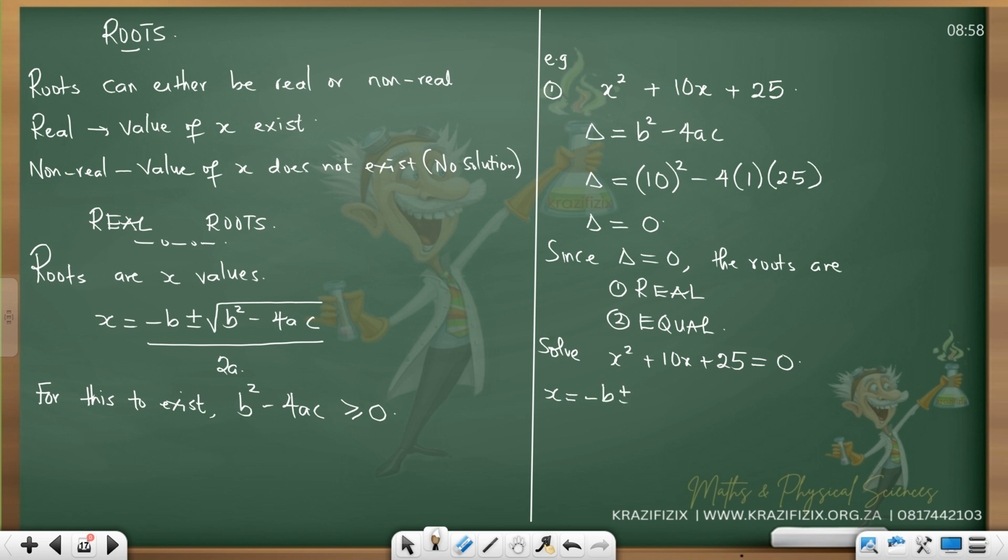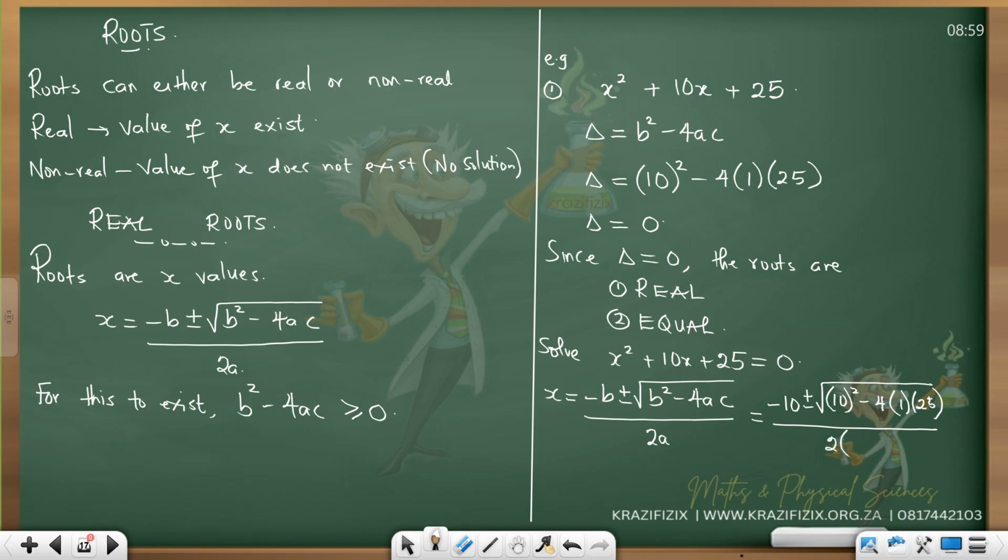Minus b plus or minus square root of b squared minus 4ac over 2a. Because of space, I want to put everything here. Guys, we know all of this, right? This we did long ago, lesson 2 or so. We're just substituting, over 2 multiplied by 1.